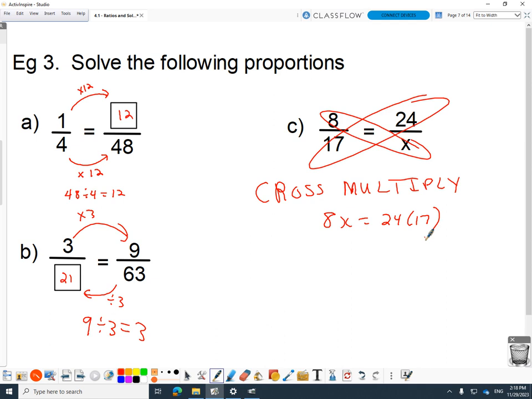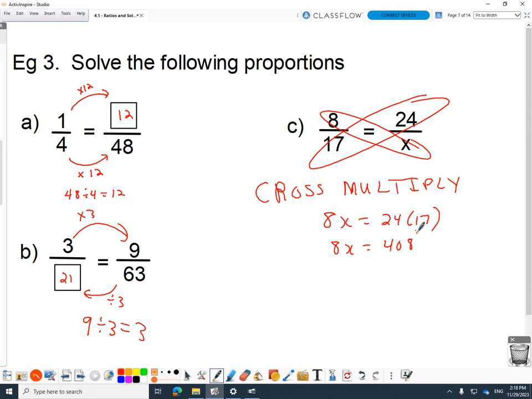Get your calculator out and you go, what's 24 times 17? The answer is 408. 408 when I multiply those two things. Now, what's the opposite of multiplying by 8?